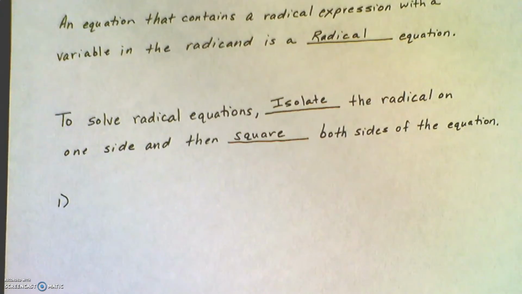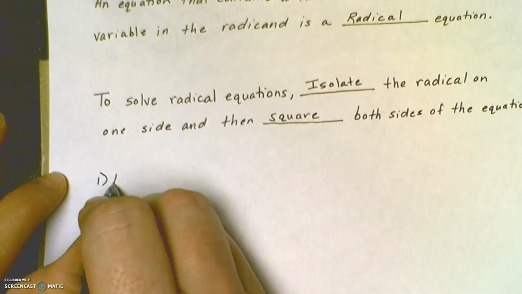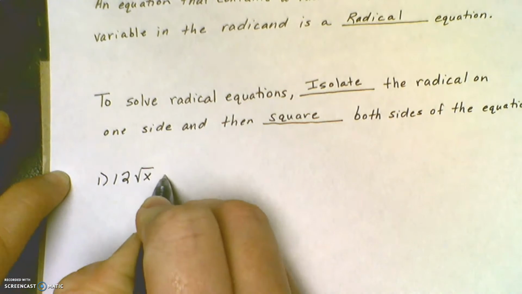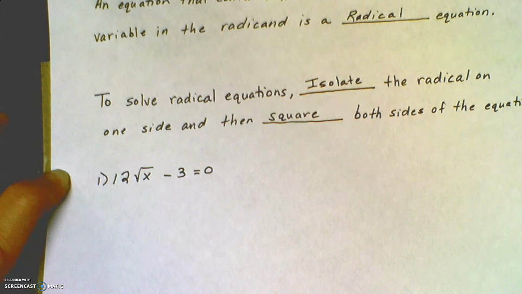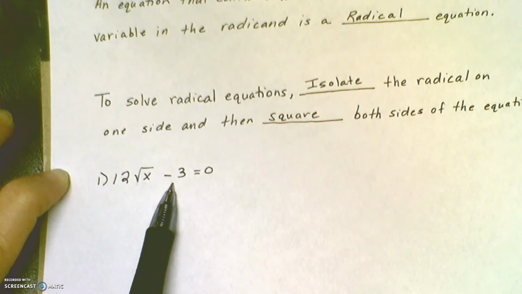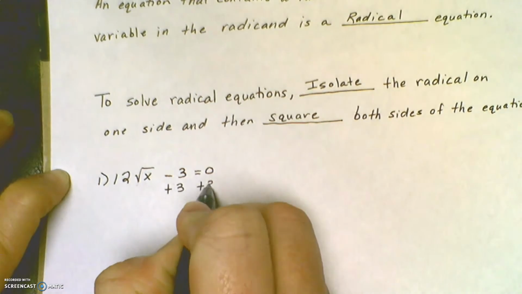Example 1. 12 times the square root of x minus 3 is equal to 0. We want this radical part by itself. We're going to get rid of the minus 3 by adding 3.